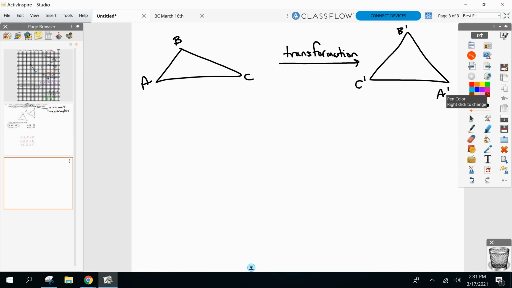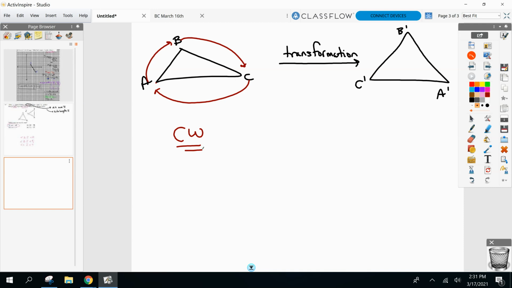So I'll just be a classic and go ABC. As I go from vertex A to B, B to C, C to A, I am going in a clockwise direction. Now, because I went A to B to C back to A, I have to make sure I go in that same letter order when I test out the image and what orientation it has.